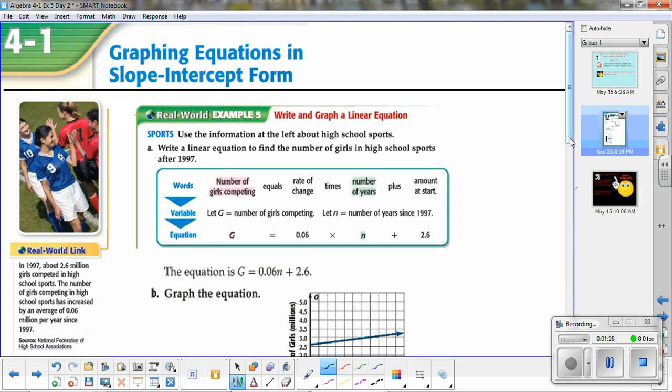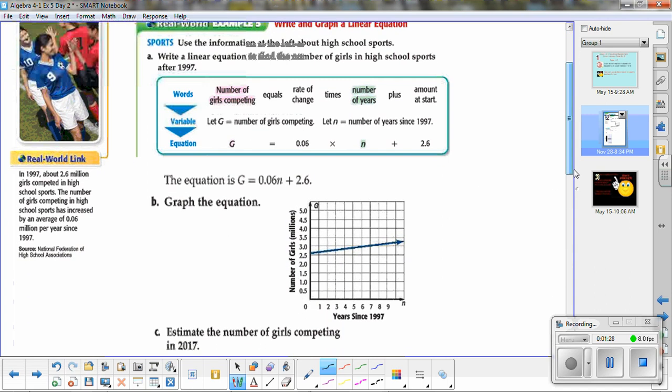Now to graph that equation, we know the y-intercept is 2.6 million. So when we make a graph, we're going to put the years along the bottom, the years since 1997, and along the side, it's going to be the number of girls in sports. You have to make sure that you are going up by equal intervals.